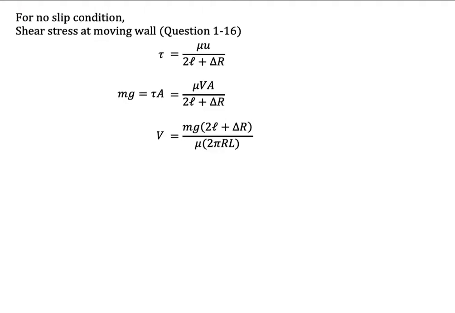And then for the slip condition, I hope you could read a little bit from the textbook, so I will go faster here. We replace the value of shear stress with the idea of this one. I'm sorry, tau is no longer equal to mu du dy.